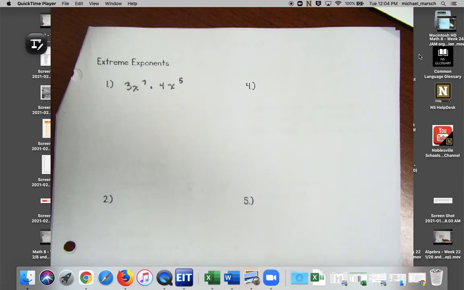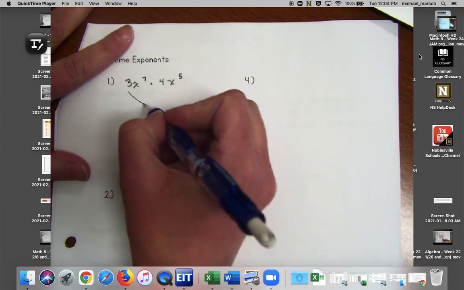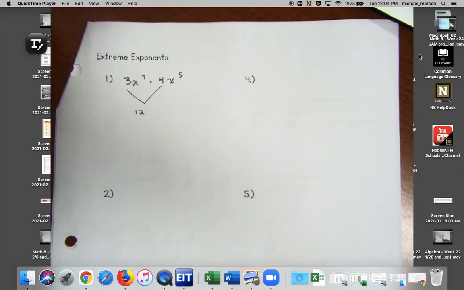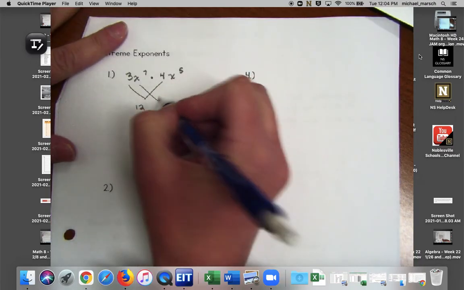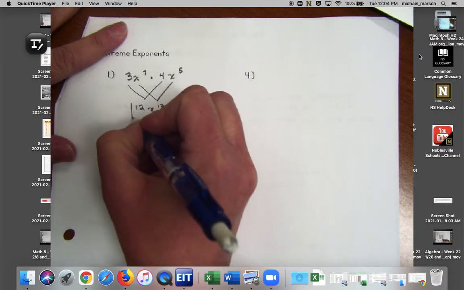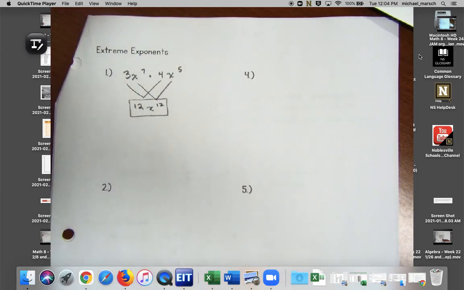I would if there had been parentheses, but there's no parentheses. So really all I have to do is take this term times this term. So I'm going to multiply my coefficients, and I'm going to get 3 times 4 is 12. Pretty easy. And then I'm going to tack the exponents, and I'm going to get x to the 12th, because I can combine those. 12x to the 12th.